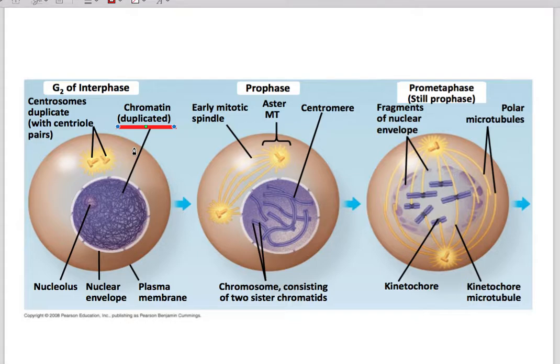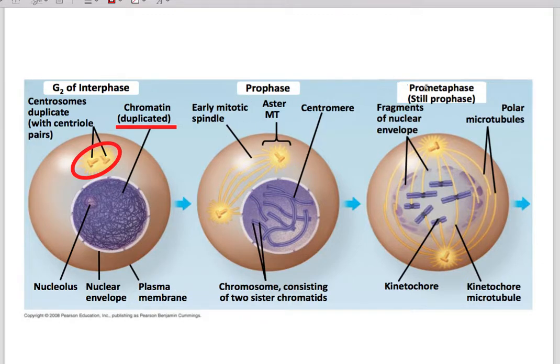There are just a few variants between the chromosome your mom gave you and the one your dad gave you. At this point, you essentially have four, two copies of the mom one and two of the dad one. At this stage, you're going to duplicate your centrosomes. These are the two ends of the spindle, and you see them start coming around here. Your nuclear envelope is intact, plasma membrane's good, everything's fine.